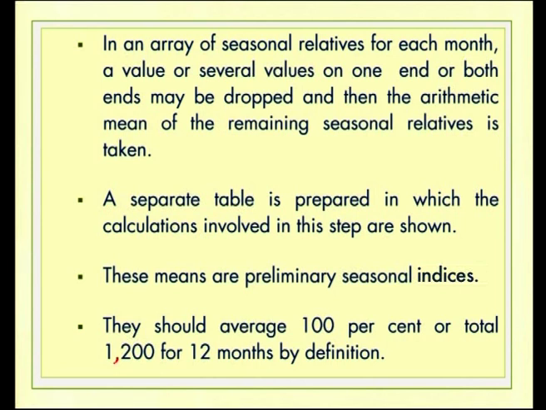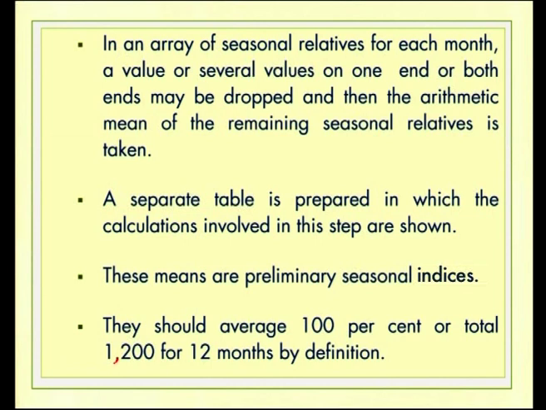A separate table is prepared in which the calculations involved in this step are shown. These means are preliminary seasonal indexes. Now, whatever steps I am just reading out, you do the problem and come to the steps and go through them, you will understand it very clearly. So, they should average 100% or total 1200 for 12 months by definition.